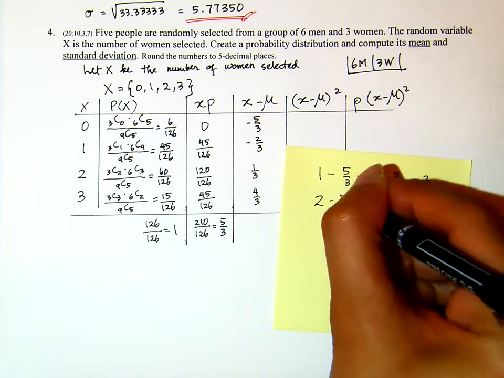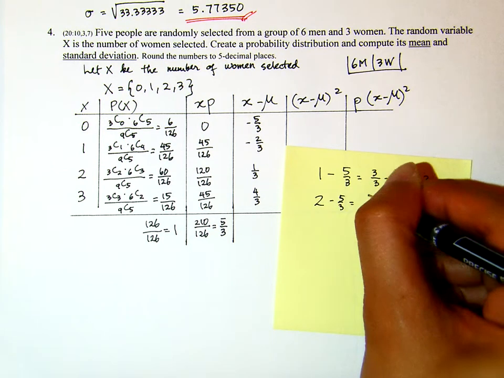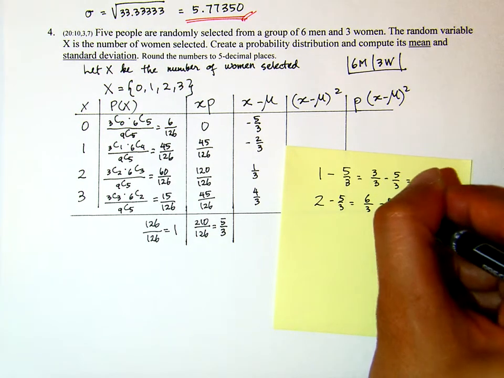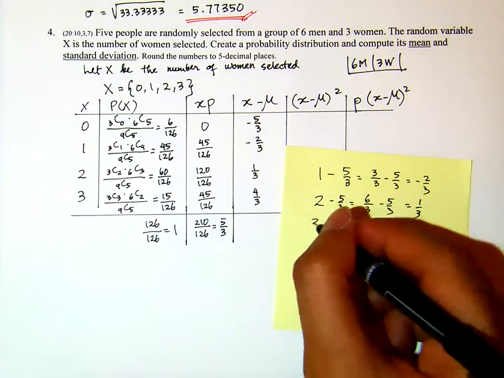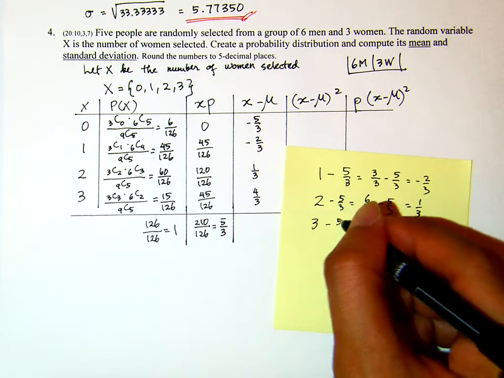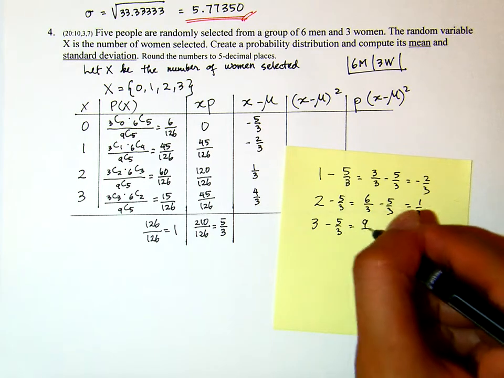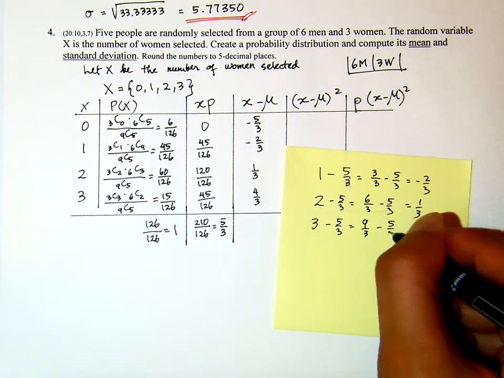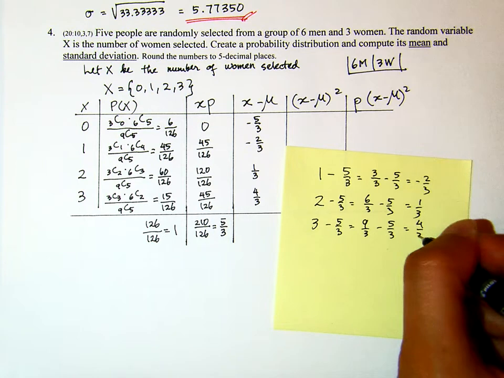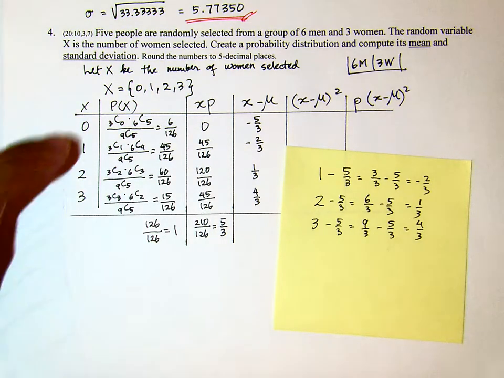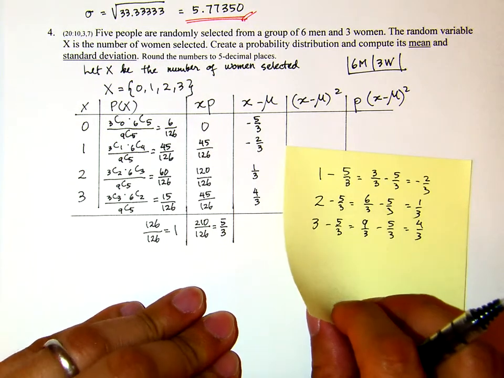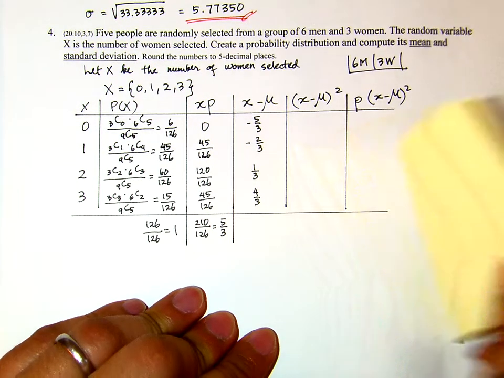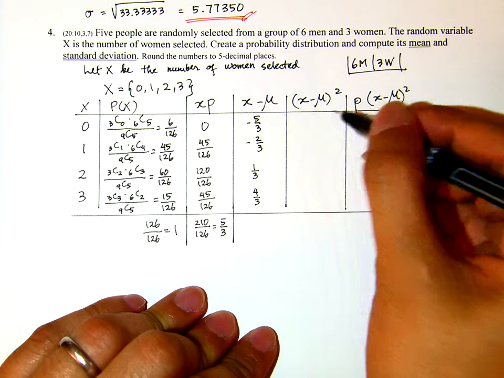Now 2 minus 5 over 3, LCD is okay. And of course lastly, 3 minus 5 over 3, that's 9 over 3 minus 5 over 3, that's 4 over 3. Okay, that's how I get those numbers. I hope you understand that. If you don't get it, I don't know how to help you. Now let's move on.